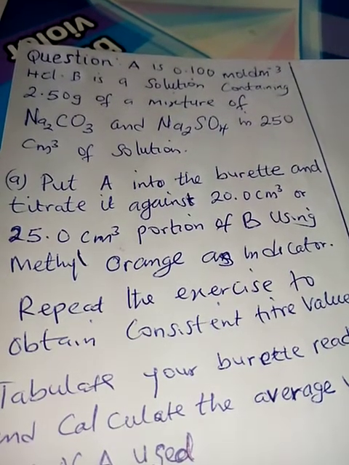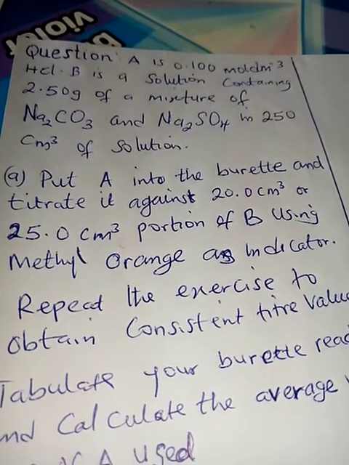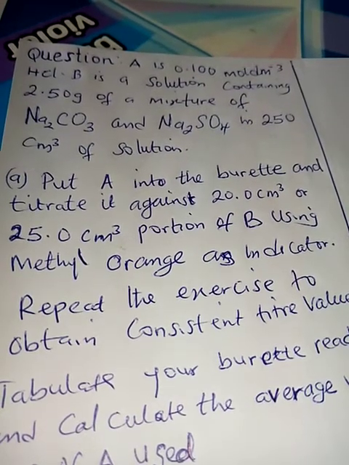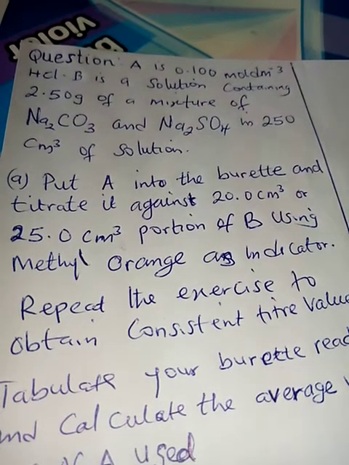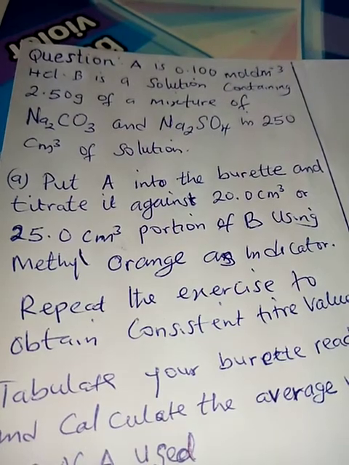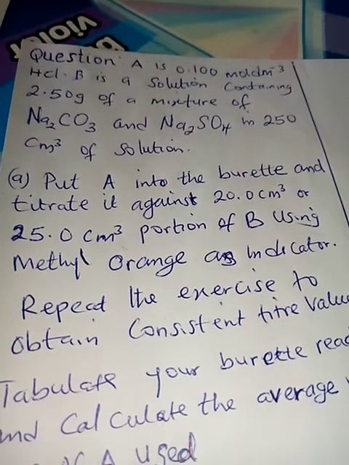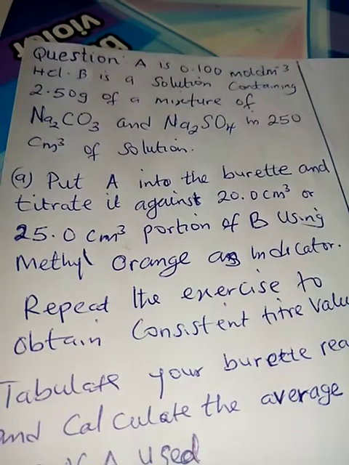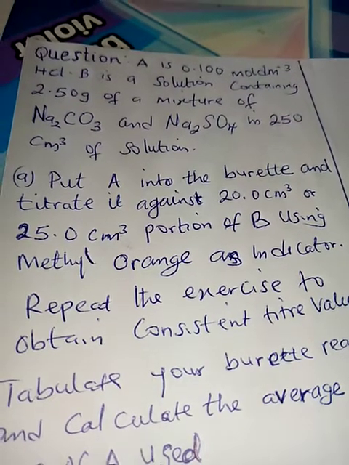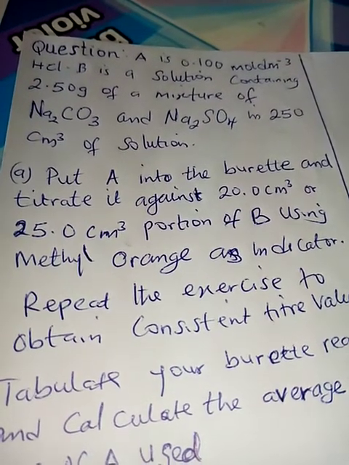It is in 250 cm cube. So when we are working, we are going to convert from 250 cm cube to 1000 cm cube, or 1 dm cube, or 1 liter.